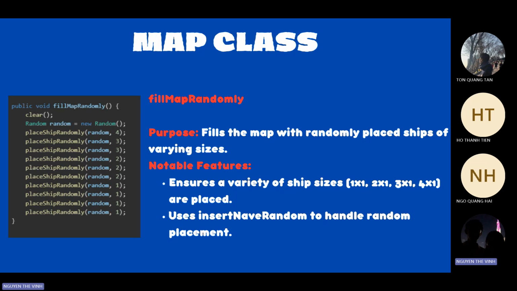It checks for collision and ensures that the ship fits within the map boundary. The notable feature of this is that the function ensures all the ships are placed in valid positions without overlapping each other. This also ensures that the ship placement is random and two games cannot be the same.